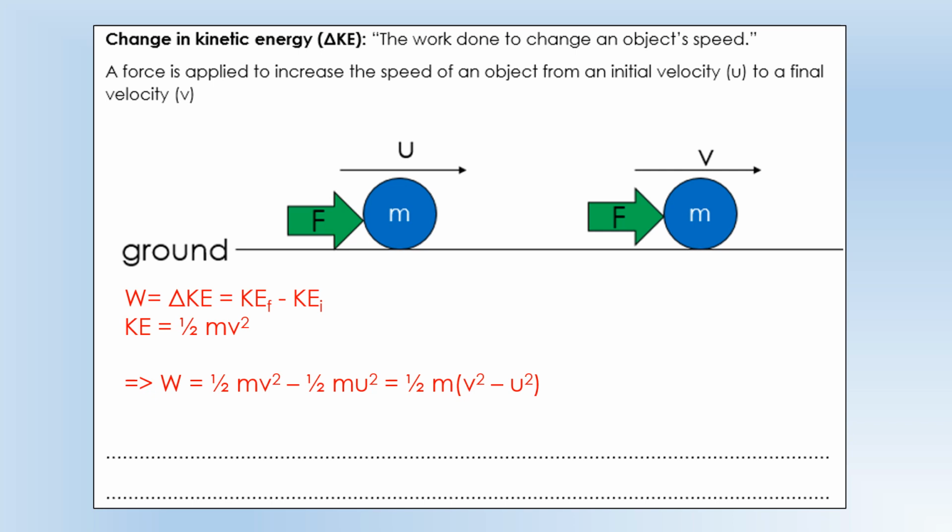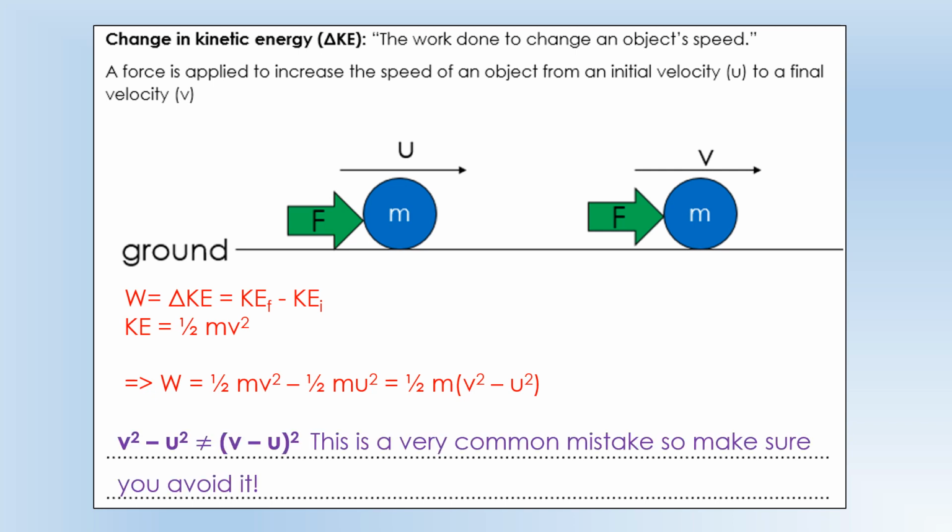And kinetic energy is given by the equation half mv squared. So the work done is going to be half mv squared minus half mu squared, because it's final minus initial, and we can factorize out the half m to give us the expression here, half m (v squared minus u squared).